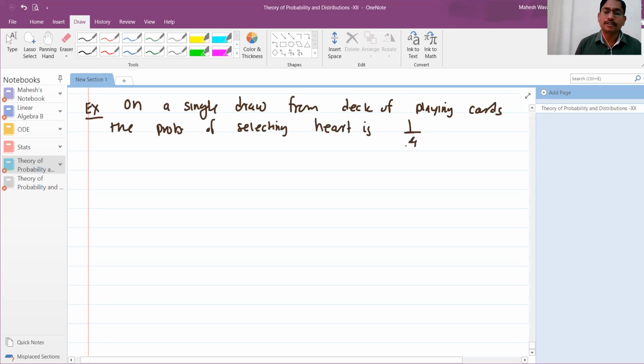There are a total of 13 hearts. 13 by 52 gives 1 by 4. This statement is correct.